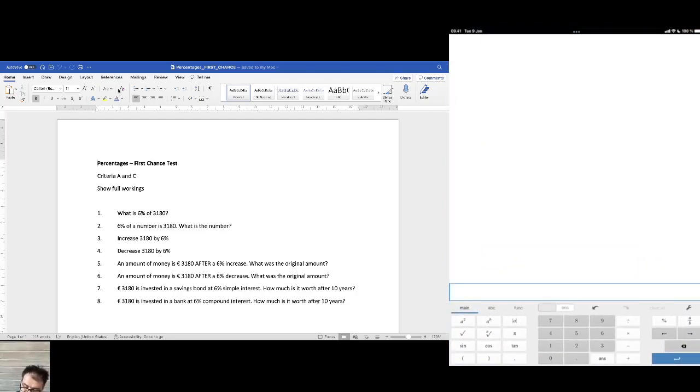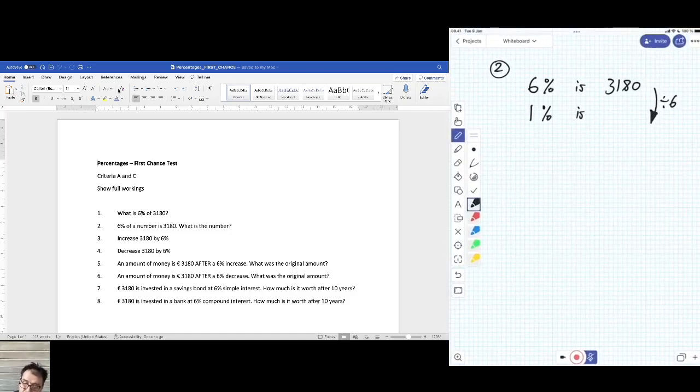So let's just do that. Get rid of all of that. So 3,180 divided by 6 equals 530, it tells me. So 1% is 530. And now that I know what 1% is, it's easy to multiply everything by 100 to find out what 100% is.